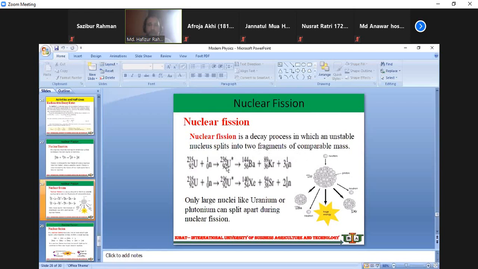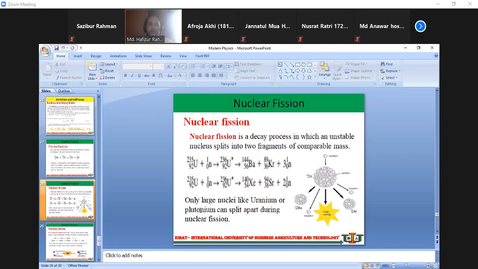You see, this is the unstable nucleus which is produced because of collision with a neutron, and from that, 2 other nuclei are produced, their masses nearly close to each other. And there is another example with uranium. These two are examples of nuclear fission reaction.